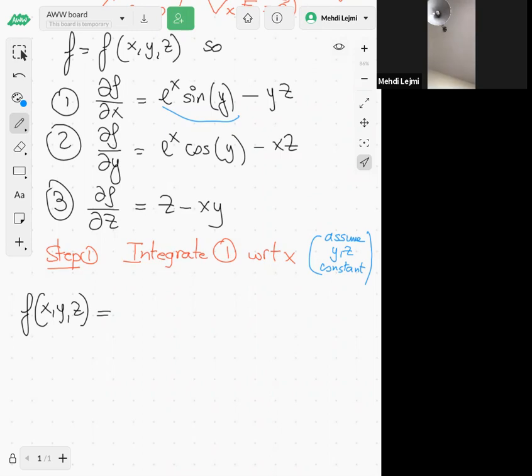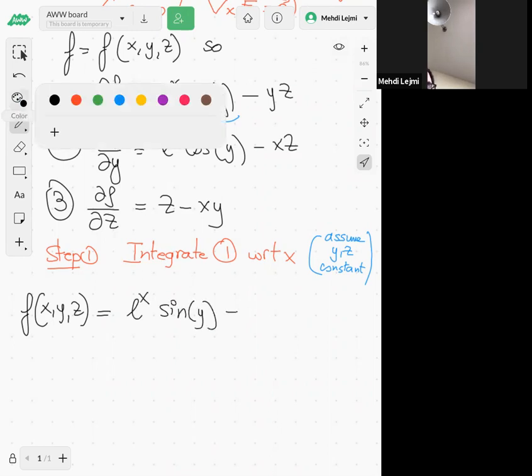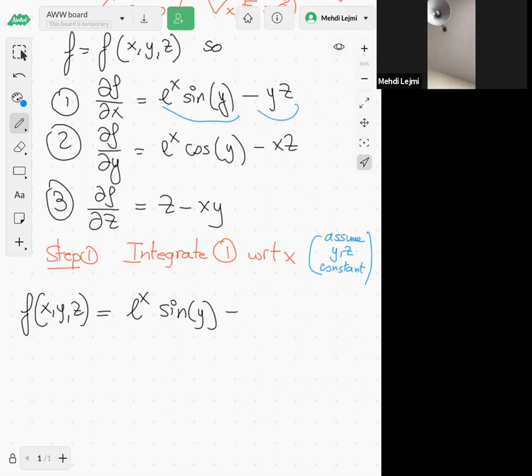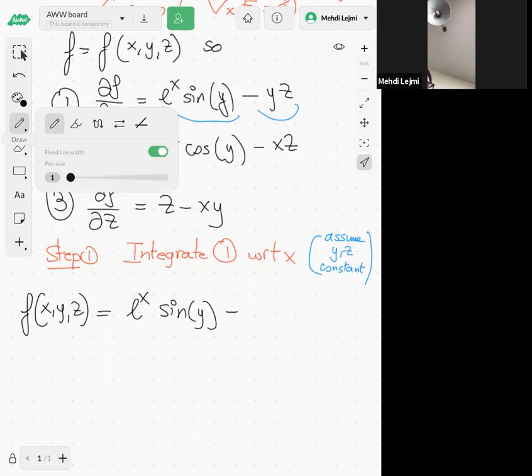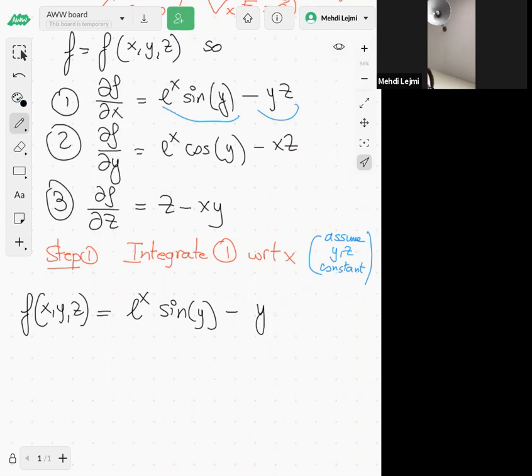The integral of e to the x is just e to the x, so that's e to the x times the constant sine of y. And the second term, yz, y times z, both are constant, so the whole thing is constant. The integral of a constant with respect to x is the constant times x. So that will be minus yzx.